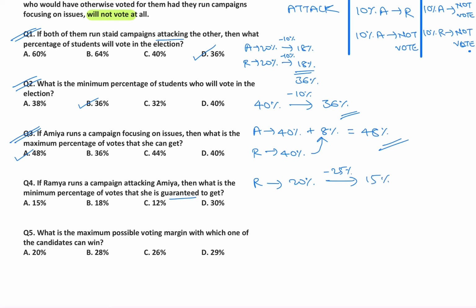All I'm left with is 15%. Okay, I hope you're getting this. So 15% will be the percentage of votes that she will get in the worst condition. Okay, she is guaranteed to get 15% of the votes. So this is my option A. I'm done with question number 4 as well.